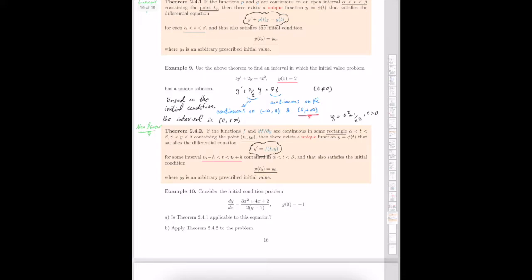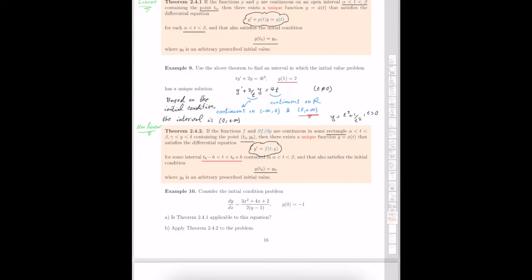So you see the main difference is that, first of all, instead of p and g, we now have f and the partial derivative of f with respect to y, which of course results in a rectangle rather than an interval. But more importantly, this theorem is way weaker than the previous one.